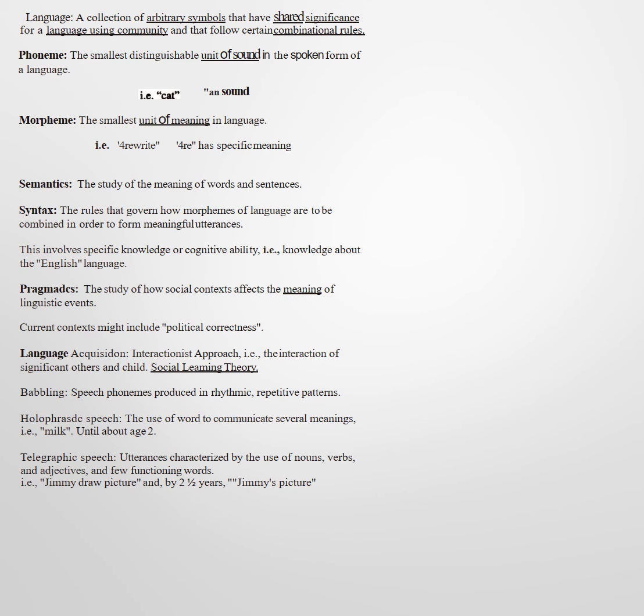So if you've ever told a joke to someone who doesn't speak English, they often don't understand how that's funny because they don't have the pragmatics. And language acquisition theory basically says that we acquire language through imitation, including babbling and different types of speech. If you've ever been around a child who's learning how to talk, they rely heavily on social learning theory to pick up the language.